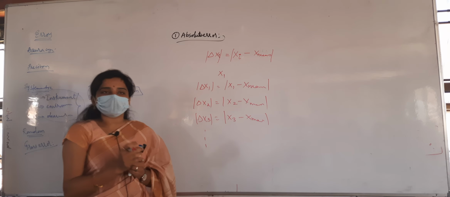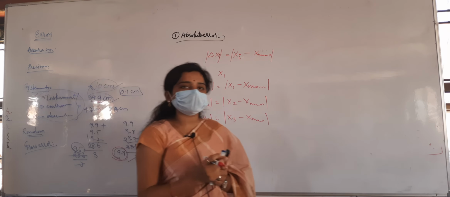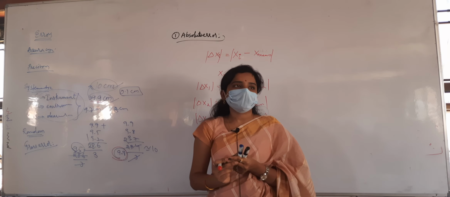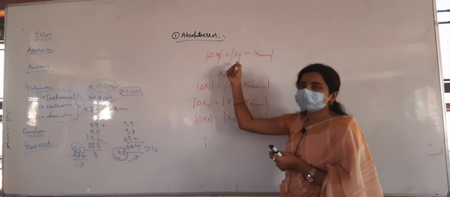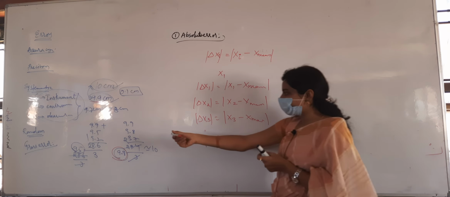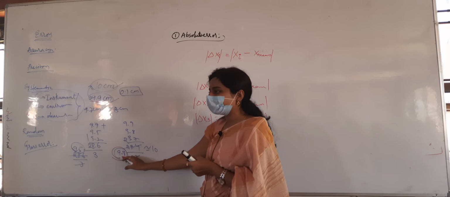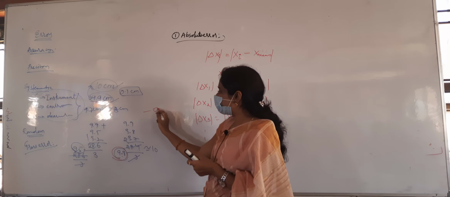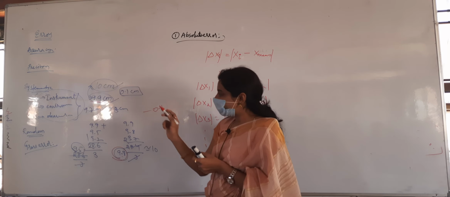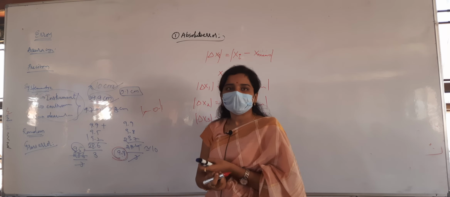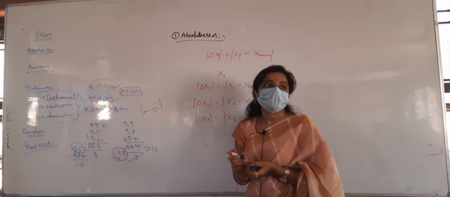So absolute error is nothing but the difference between the observed value and the mean value. That will always be modulus, positive only. So I put modulus here. You people said this is 9.8, we got x mean. This one is 9.9. So he said minus 0.1 we will get. Minus 0.1 modulus, always it will be positive only. Clear? So that is about the absolute error.